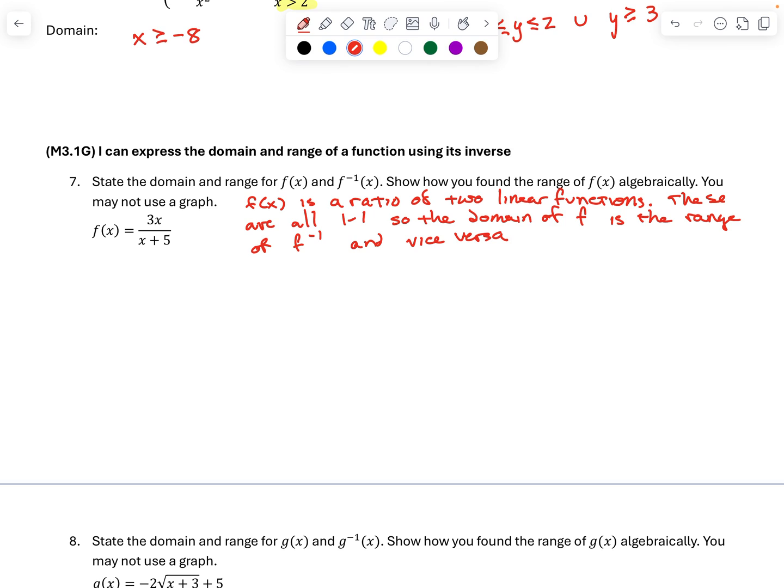So we're going to find f inverse. Cross multiply. Both terms get multiplied by x. The easiest way to move the y's together is just to move the xy term over.